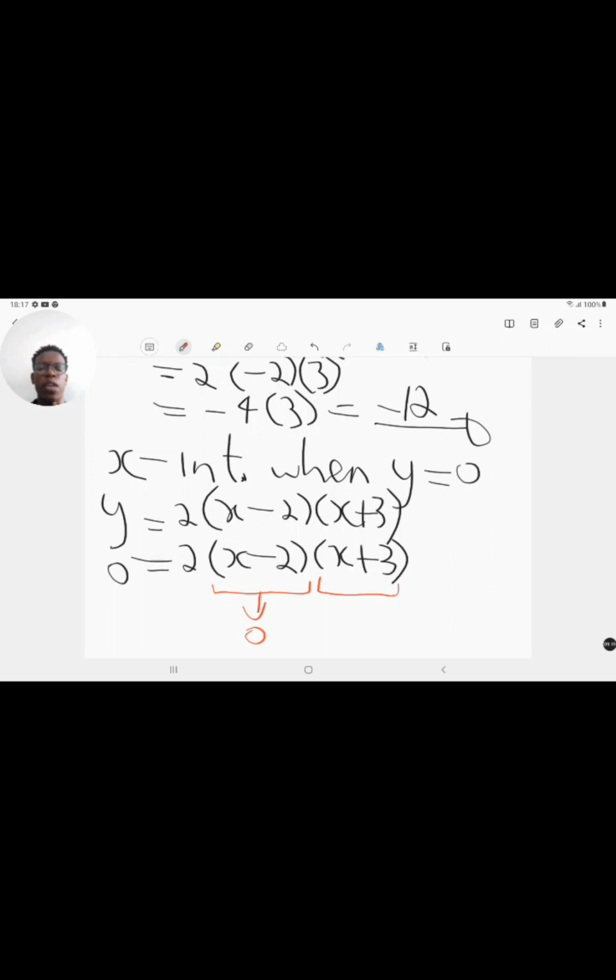Solve one set of brackets at a time. So I'm going to start with this pair here.